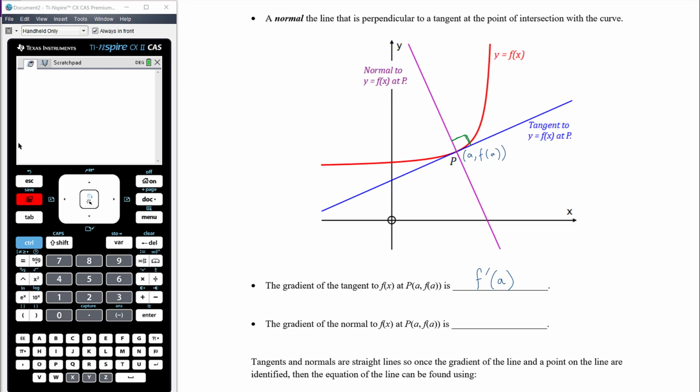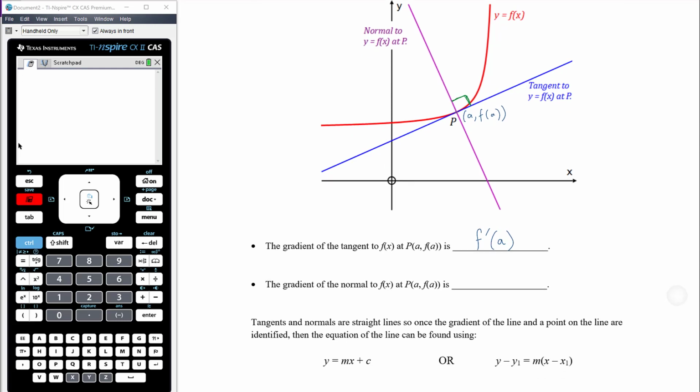And therefore the gradient of the normal is the negative reciprocal of the gradient of the tangent, as I mentioned before, casting your mind back to your Year 10 coordinate geometry work. So the gradient of the normal will be negative 1 over f dash a.